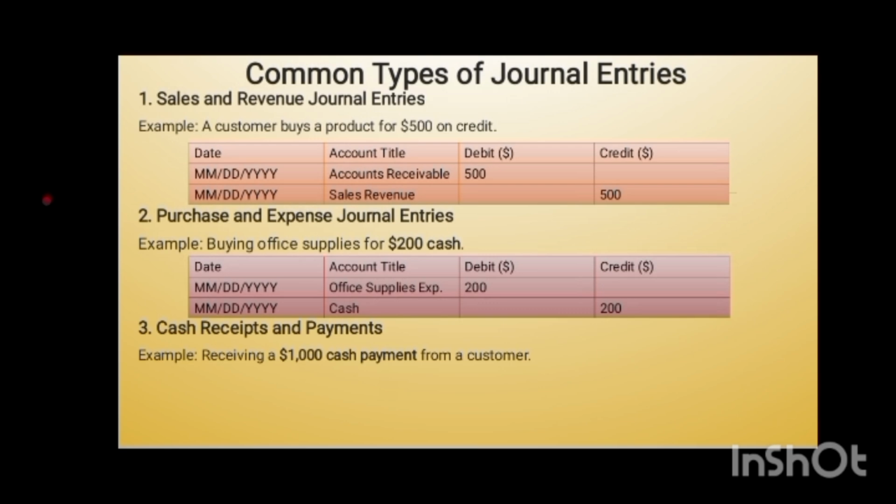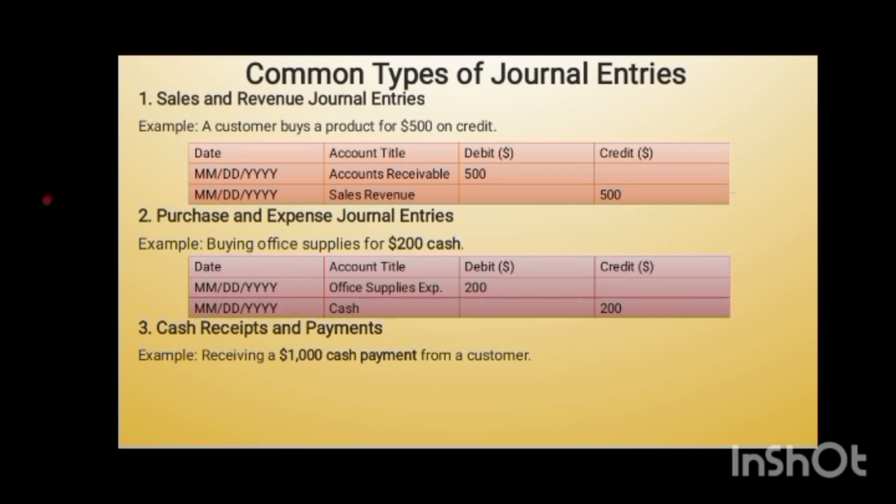Next example. Now we have the third example, cash receipts and payment. For example, receiving $1,000 cash payment from a customer. Okay, here is a customer that has bought something from us, but he didn't pay at that time. That was credit sales.